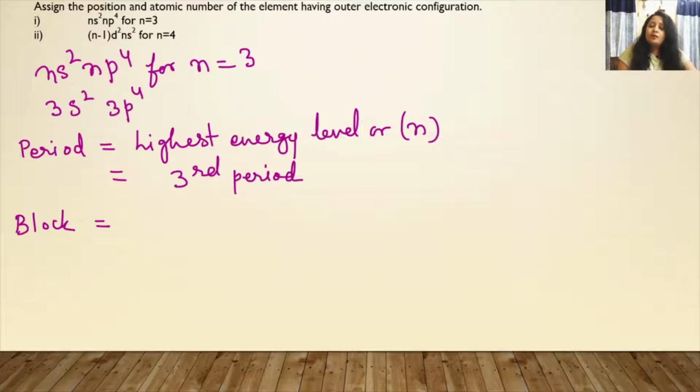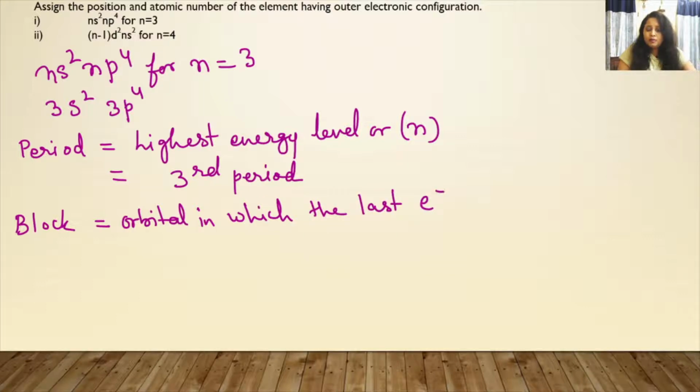So our block will be the p block. We can write here, block is equal to the orbital in which the last electron falls. Our last electron falls in p orbital, so the block of this element is p block.